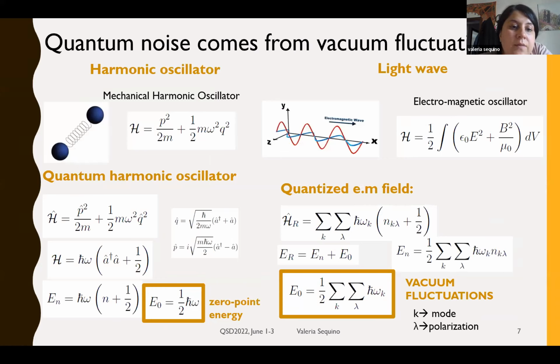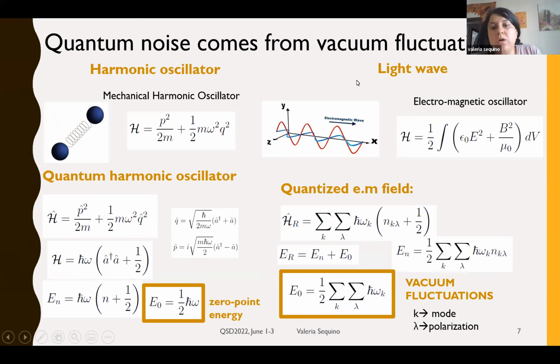Here is a bit of theory. We have the Hamiltonian of the mechanical harmonic oscillator, and the quantization of this harmonic oscillator. We can see that if we consider the lowest eigenstate of this Hamiltonian, we have a zero-point energy.